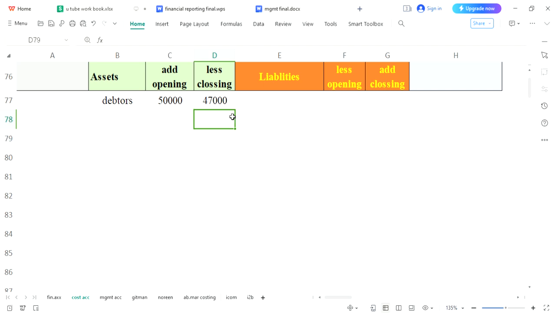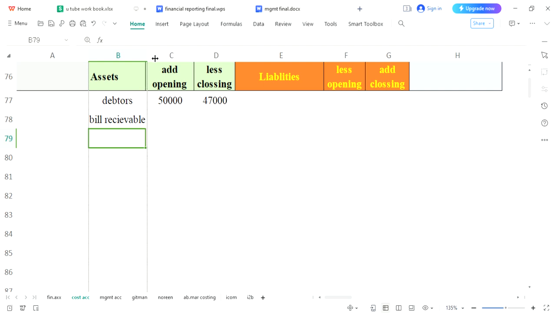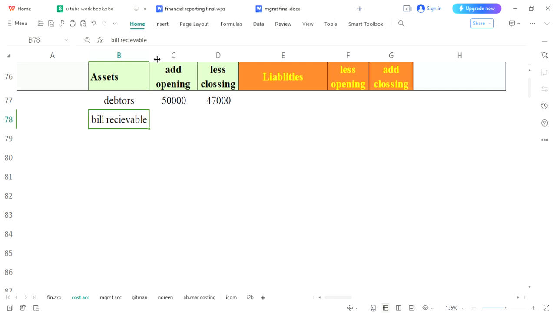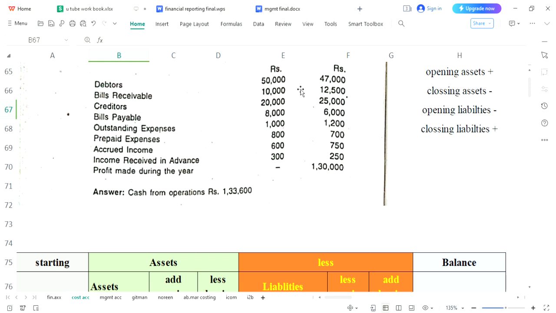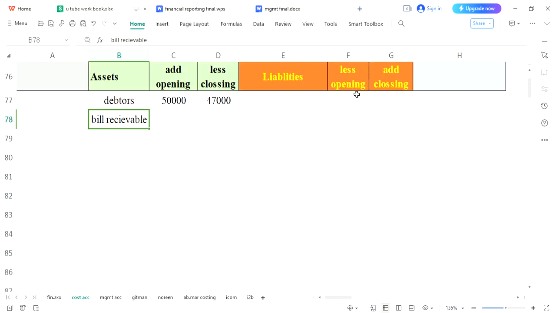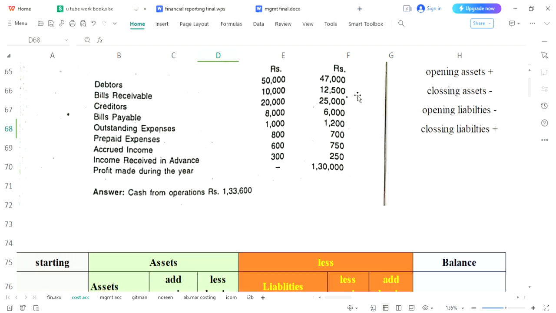Next we have bills receivable. We will write down over here bills receivable, 10,000 and 12,500.